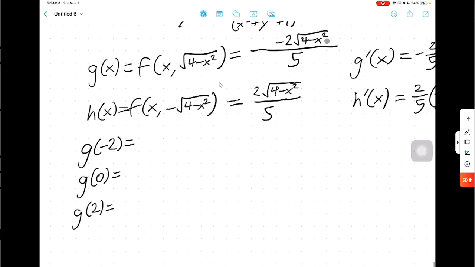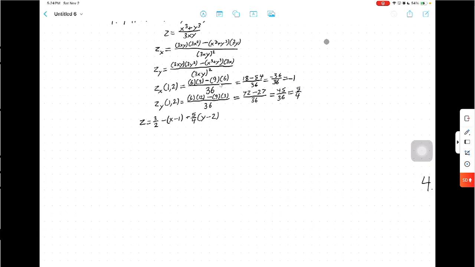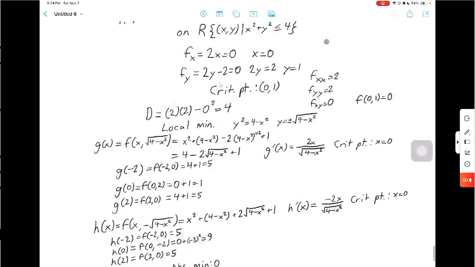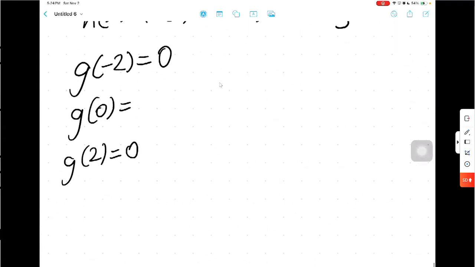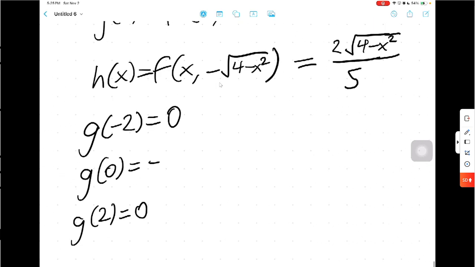Root 4 minus x squared is going to become 0, so the whole thing will end up going to 0. And then we're going to have -2 times root 4 minus 0 squared, or -4/5.